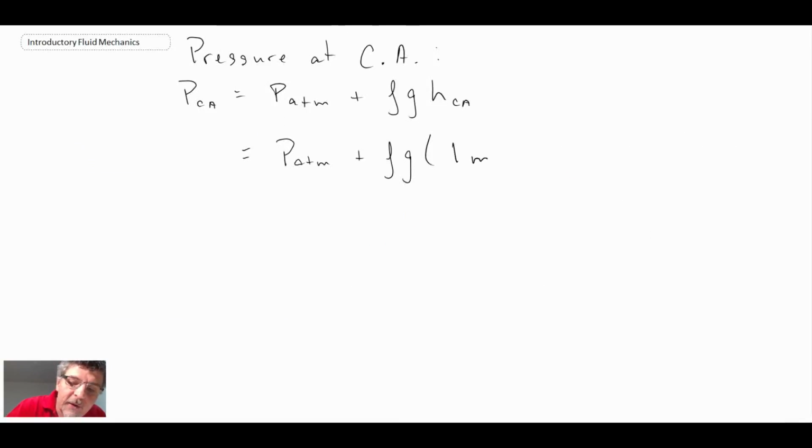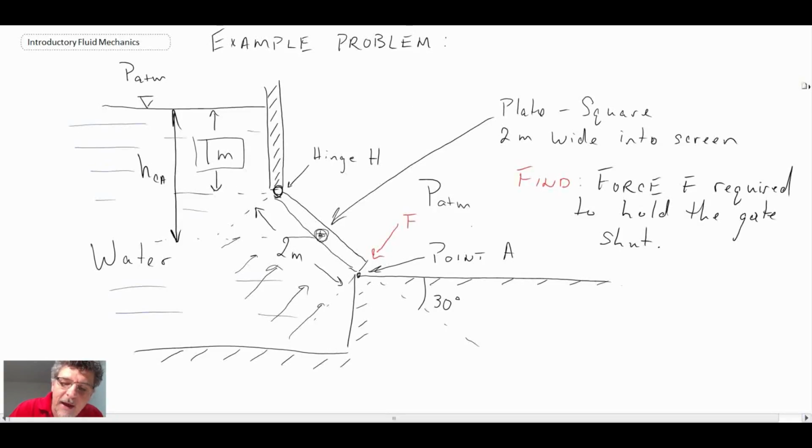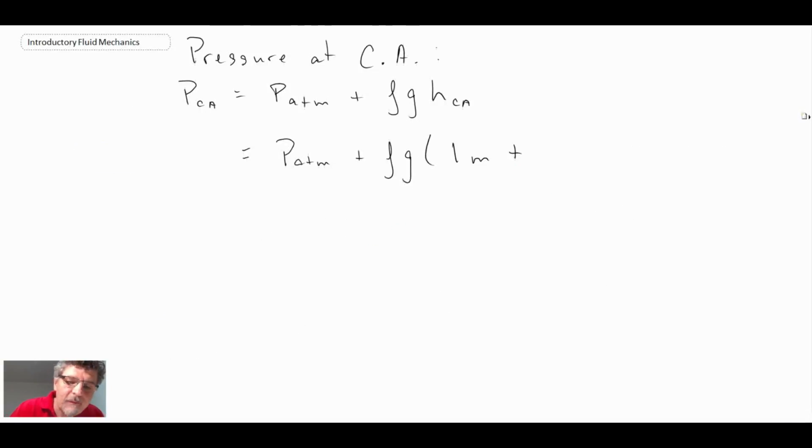We have the 1 meter plus, and now we're going to use some trigonometry looking back. We have the angle here. We know that that's 30 degrees, so we can apply trigonometry and figure out what this distance is here. And that turns out to be 2 sine 30.